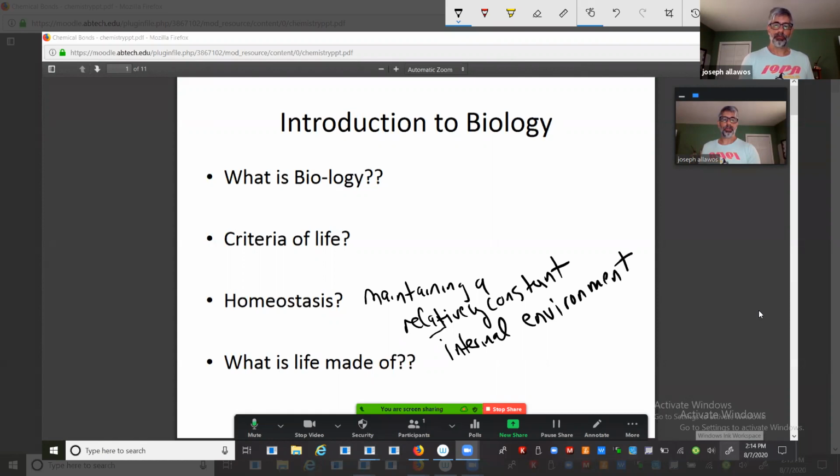Two important words in this definition: relatively and internal. Living things have to maintain some relatively constant internal environment, or they don't remain living for very long.